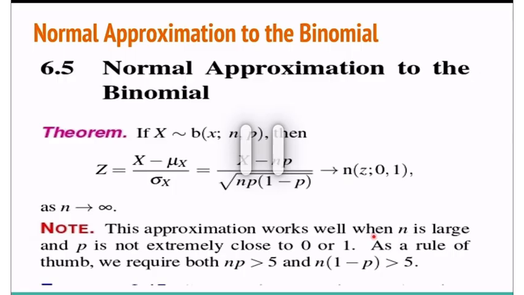The np in that situation means the expected number of successes, and n times 1 minus p means the expected number of failures. We all know the binomial distribution models outcomes that are dichotomous, meaning we record either success or failure.